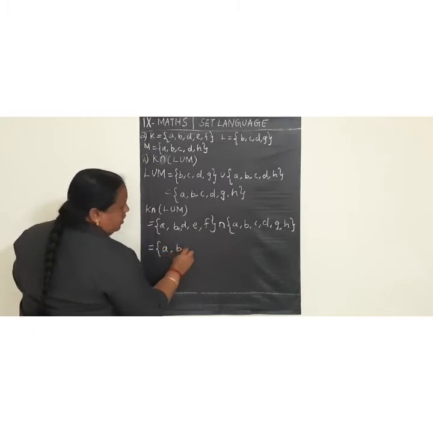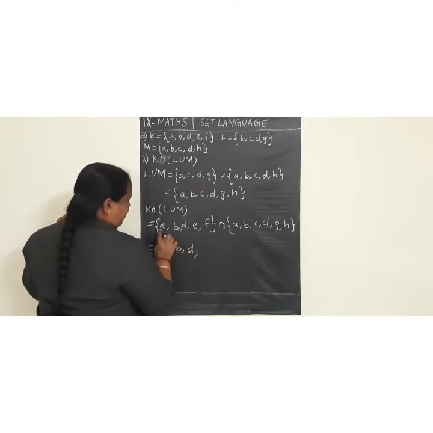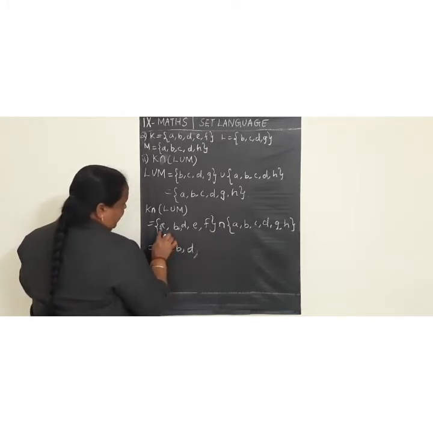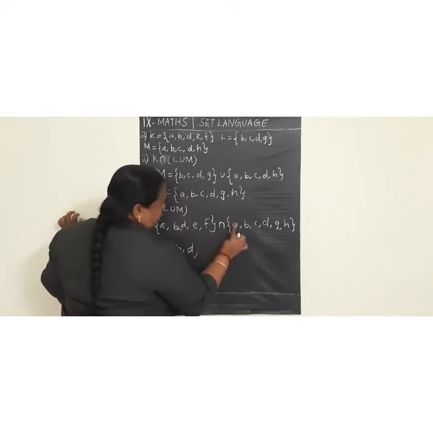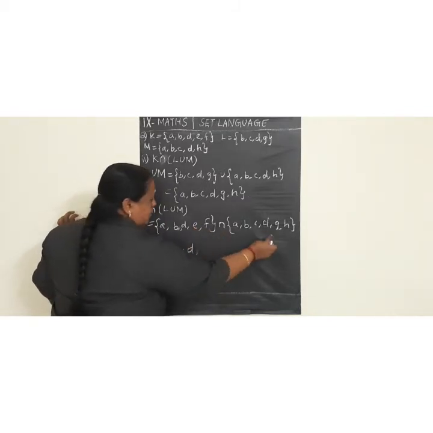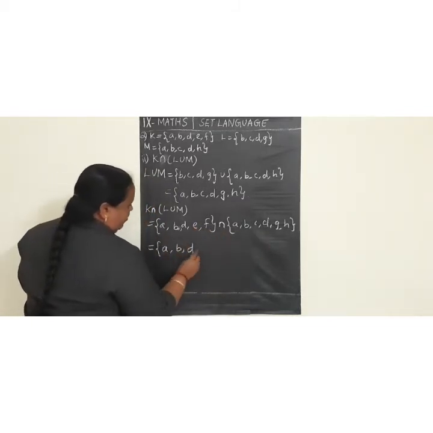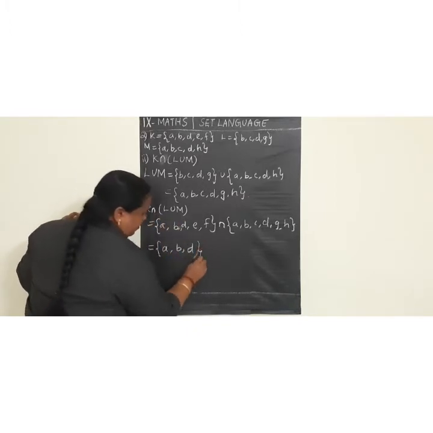A, B, D. Only these three elements. What are all the elements in K? A, B, D. That's also there in the L union M. Next elements are E and F. E and F are not there in the L union M. So K intersection (L union M) is equal to {A, B, D}.